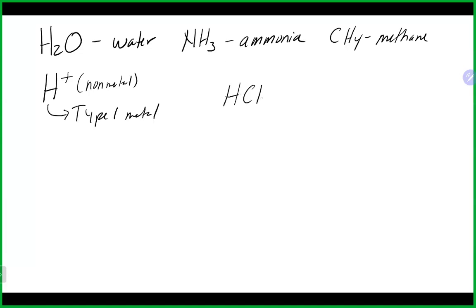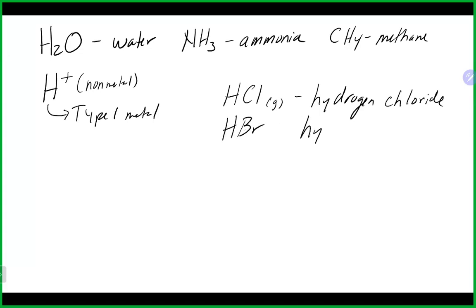So if you had HCl, and for example this was a gas, it would be called hydrogen chloride. If you had HBr, that would be hydrogen bromide.